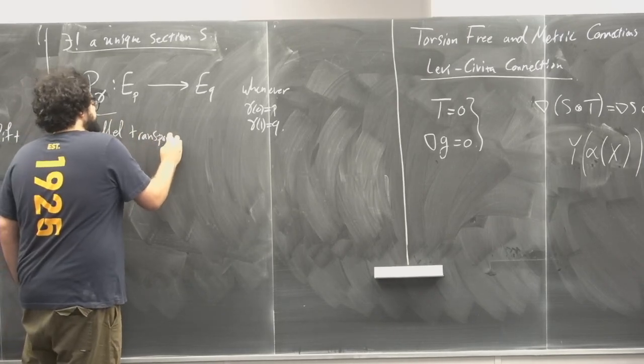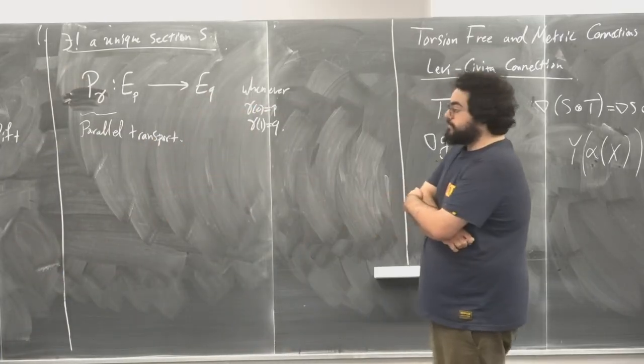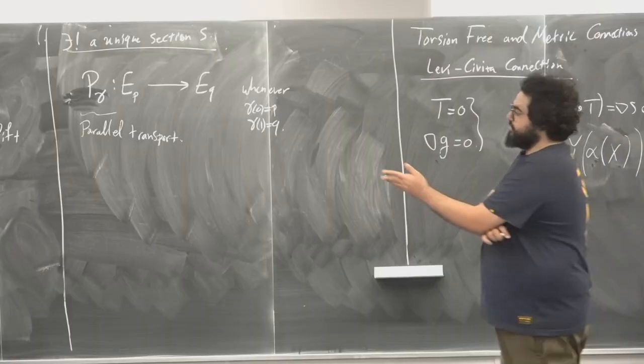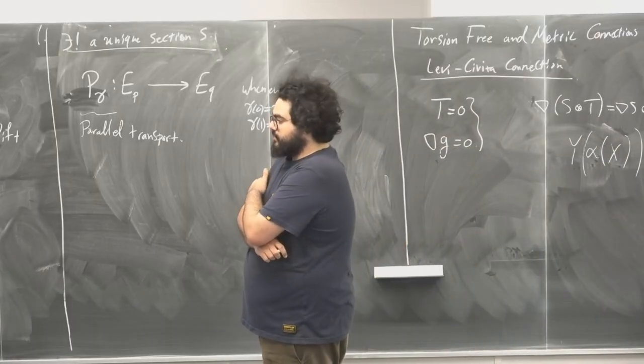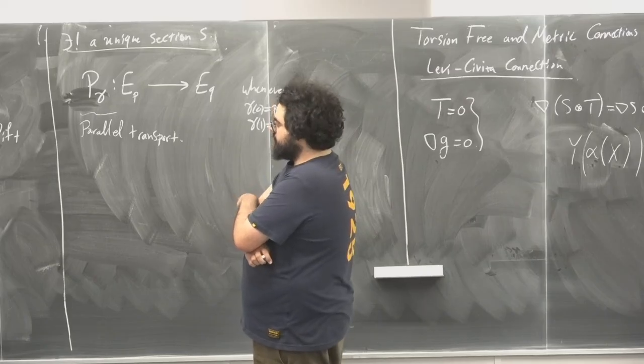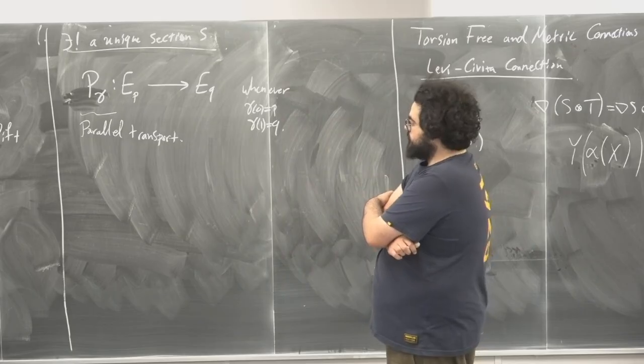You could still do it if you didn't have a parallel condition; you would just get a system of non-homogeneous DEs. For delta S not equal to 0, you can still do that, no? What happens if it's not 0?